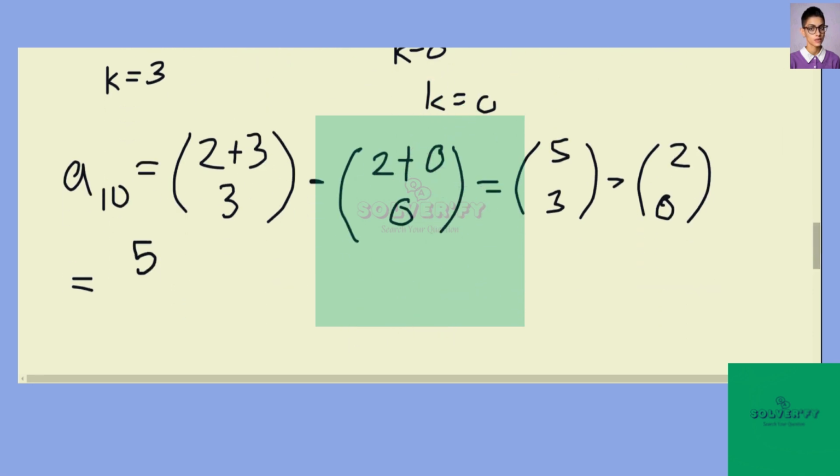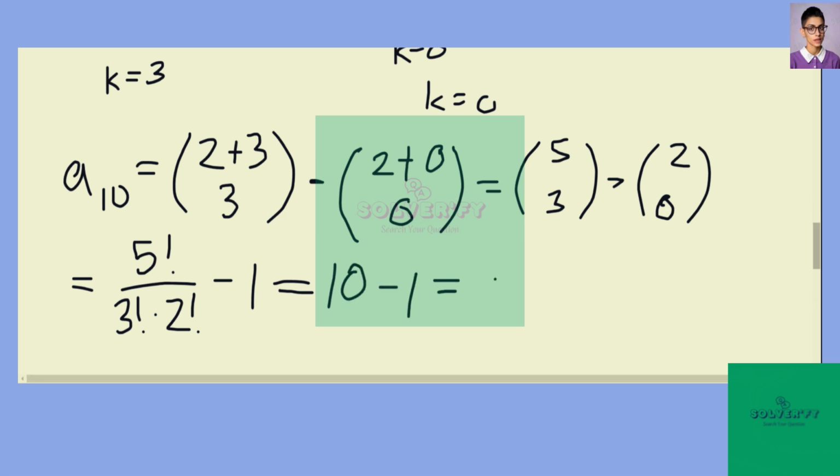This is going to be 5 factorial over 3 factorial times 2 factorial, minus 1, since 2 choose 0 is 1. And so we get 5 times 4 over 2 factorial, which is 5 times 2, which is 10, minus 1, or 9 as our answer.